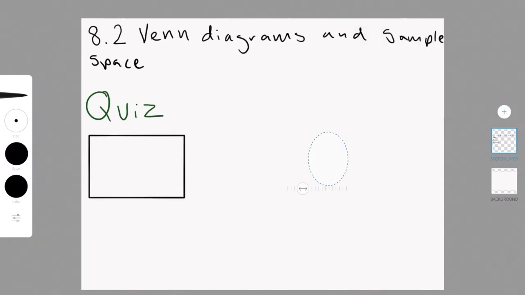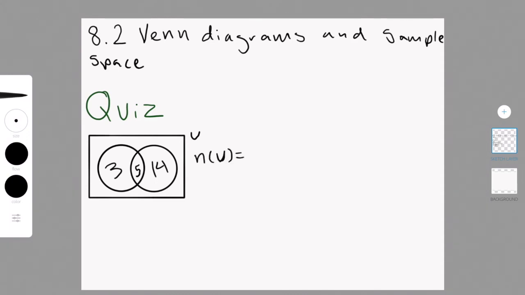In this Venn diagram, we're looking at the students who take chemistry, biology, neither or both. There are 3 people who take chemistry, there are 14 people who take biology, and there are 5 people that take both.